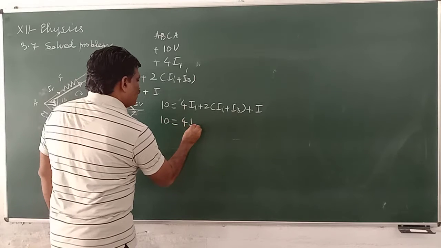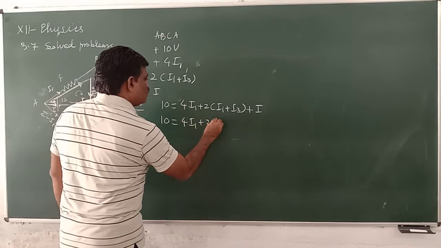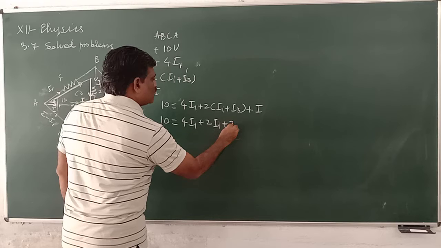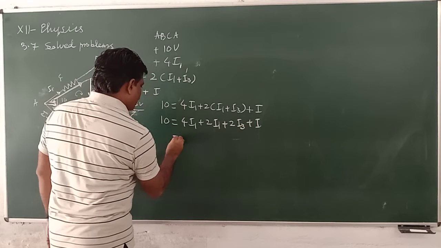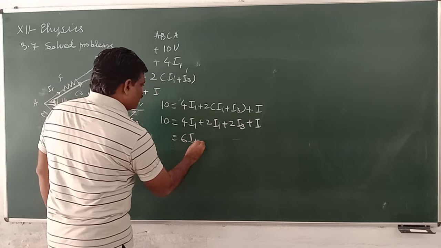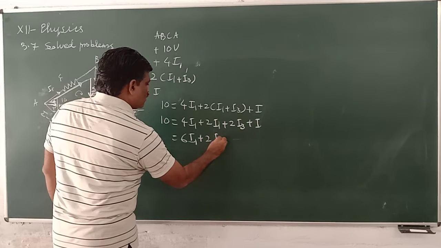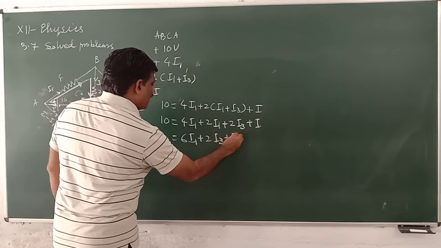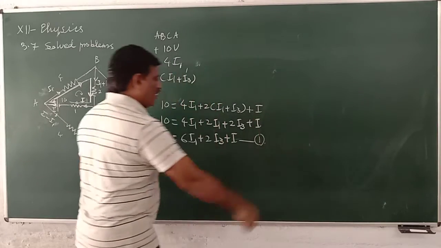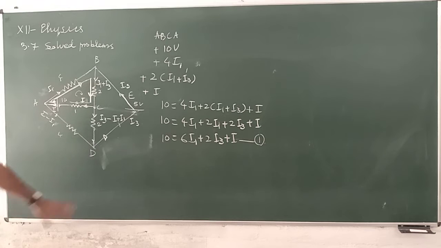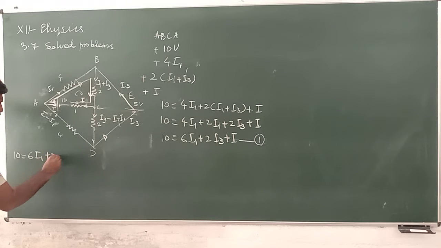It is 4I1 plus 2I1 plus 2I3 plus I, so I get 6I1 plus 2I3 plus I is equal to 10. This is equation number 1. I take this equation somewhere here: 10 is equal to 6I1 plus 2I3 plus I.